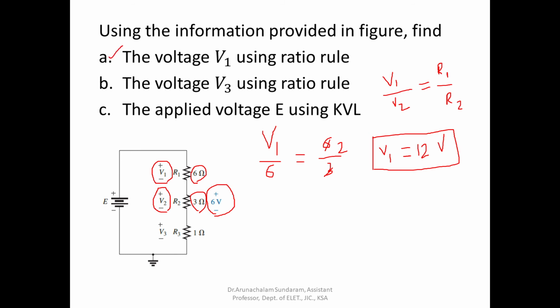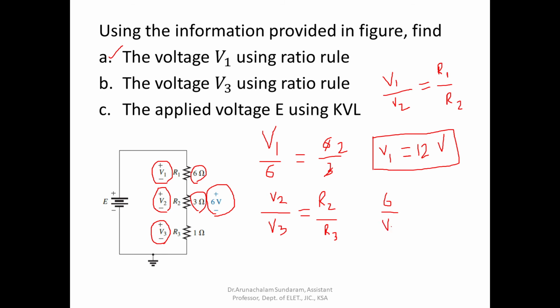Now I want to apply the same logic to resistance R2 and R3. So what should we do? We have to use V2 by V3 is equal to R2 by R3. Do you know V2? Yes, V2 is 6, but I do not know V3. V3 is not given in the question.